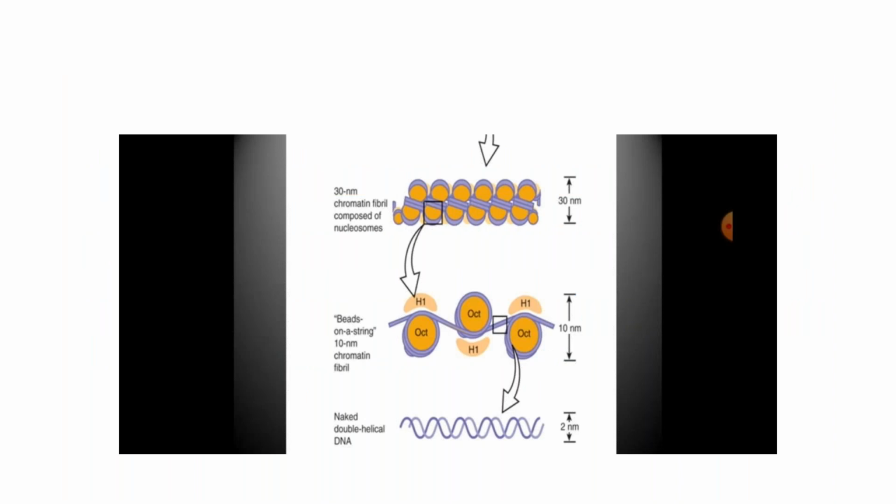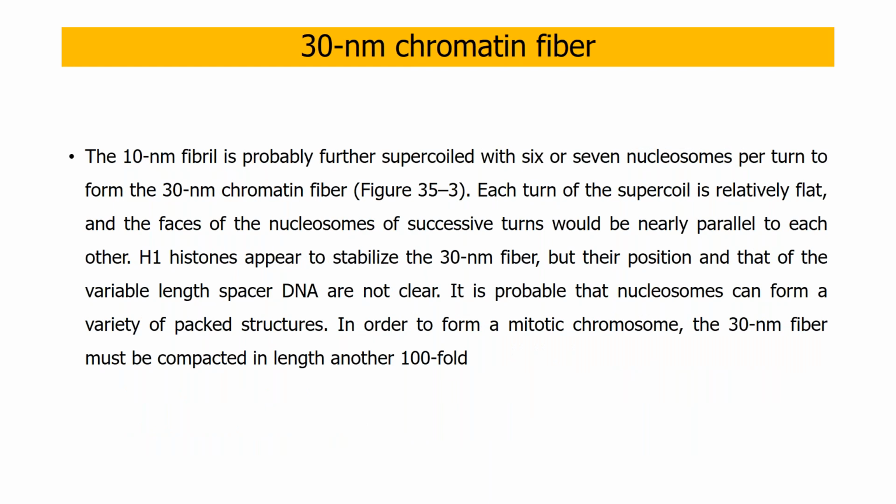You can see in this figure, I'll tell you the theory and then we'll come to the figure. So, 6 or 7 nucleosomes per turn to form 30 nanometer chromatin fiber. Each turn of supercoil is relatively flat, and the faces of the nucleosomes in successive turns would be nearly parallel to each other.